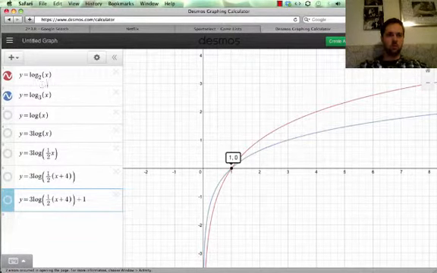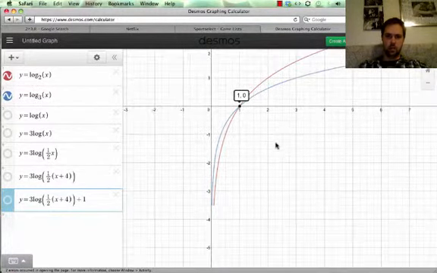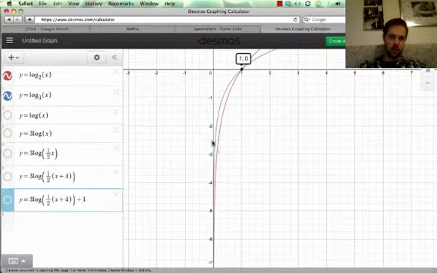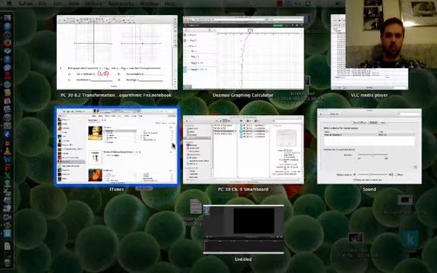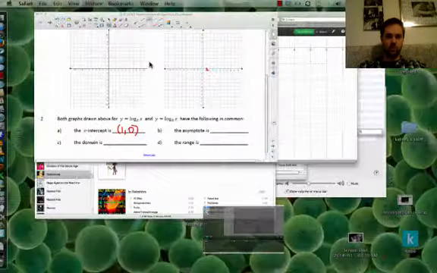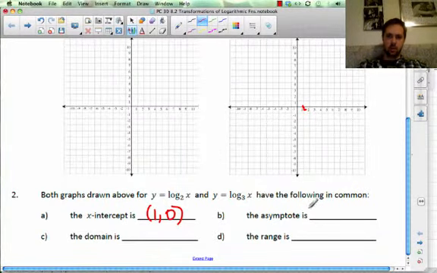So log base 2 of x and log base 3 of x, they both cross at (1, 0). And of course the asymptote is the vertical axis here. We never cross the y-axis, so there will never be a y-intercept. So the asymptote is the x equals 0 line.